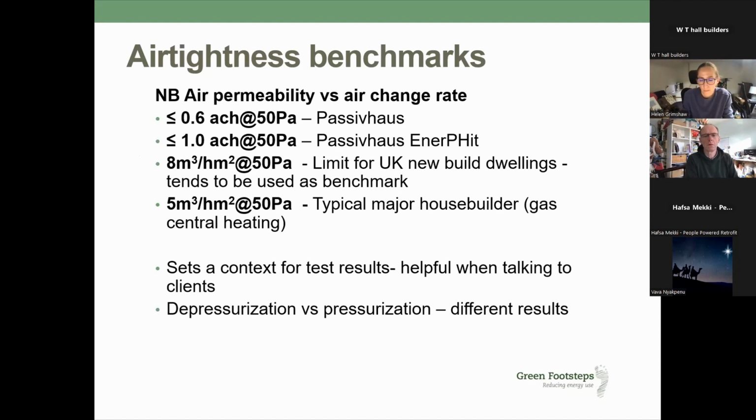In terms of existing buildings, I test quite a lot of buildings pre-retrofit. I do a benchmarking test to enable clients to decide how they're going to spend their money wisely, because there's an assumption that existing buildings are leakier than they often are in reality. People assume a pre-1900 house might be very leaky, but if it's not been messed around with much, I find about a third of them come in at under 10.